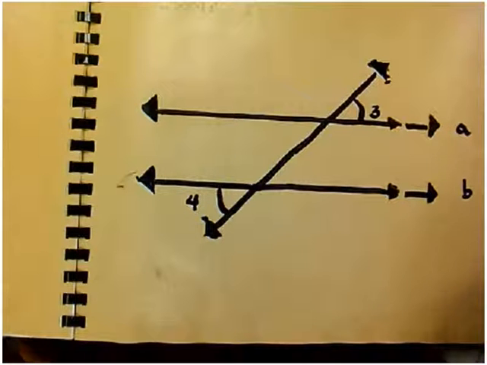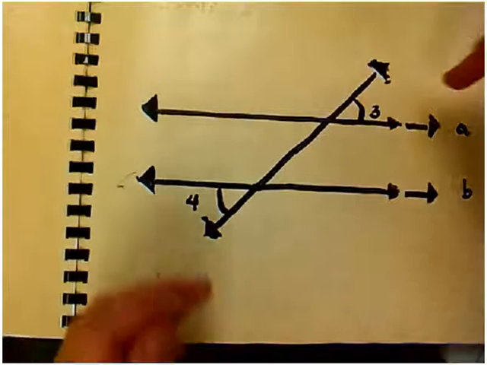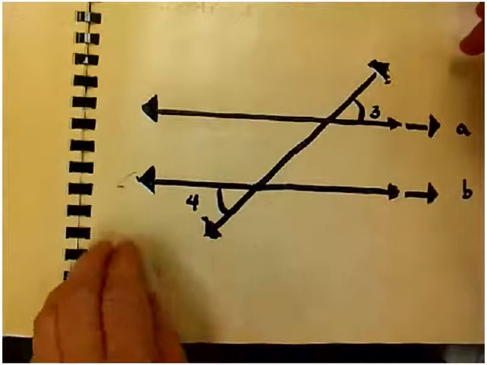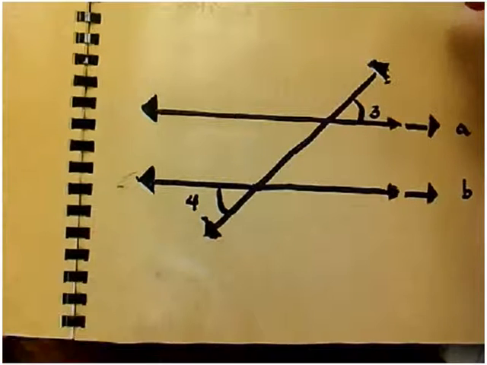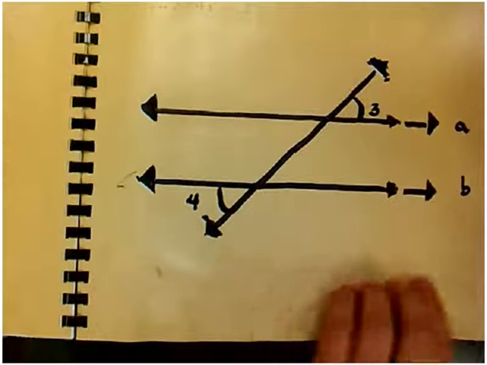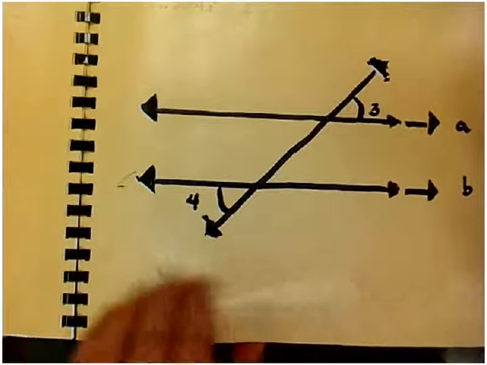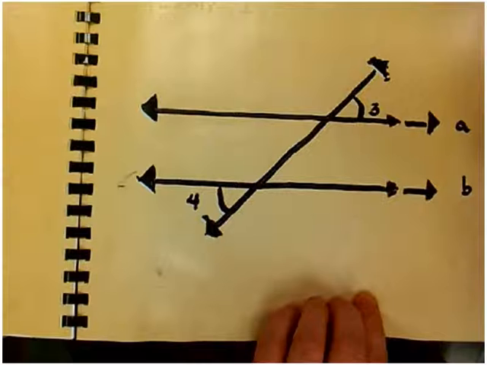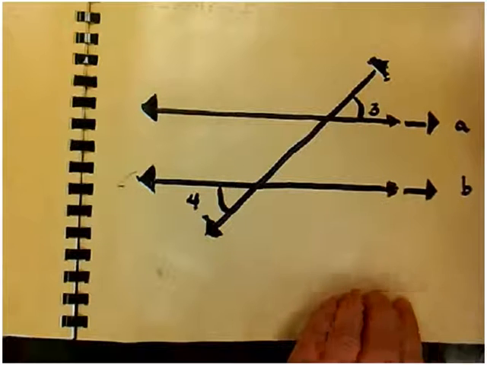Alternate exterior angles. And so if those are congruent, those tick arcs show congruency, then you know, based upon Theorem 4-6, that A and B are parallel. You could prove it. And then down in symbols underneath the drawing, they review again. If angle 3 is congruent to angle 4, then A is parallel to B.